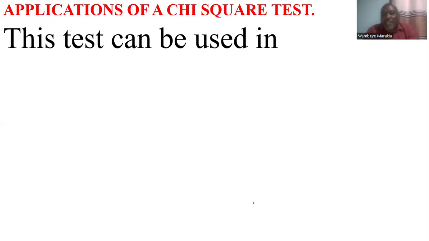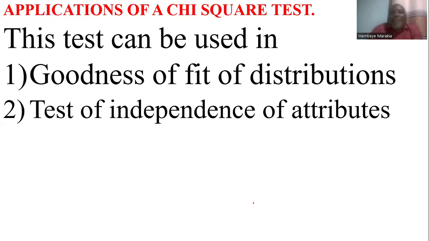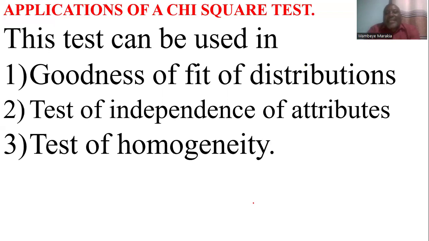We apply chi-square tests in 3 ways. One, we apply the chi-square test in the test of goodness of fit of the distributions. Second, the test of independence of attributes. And the third way is the test of homogeneity.